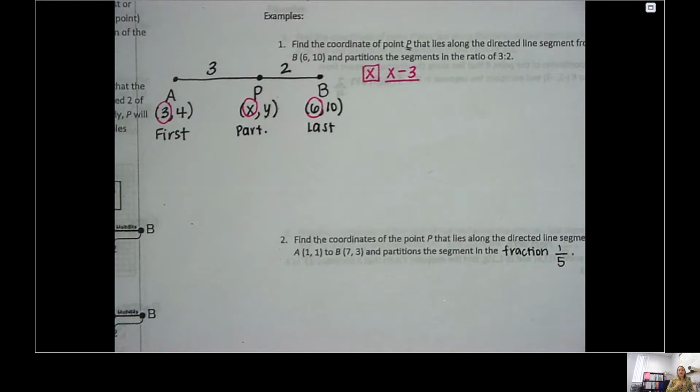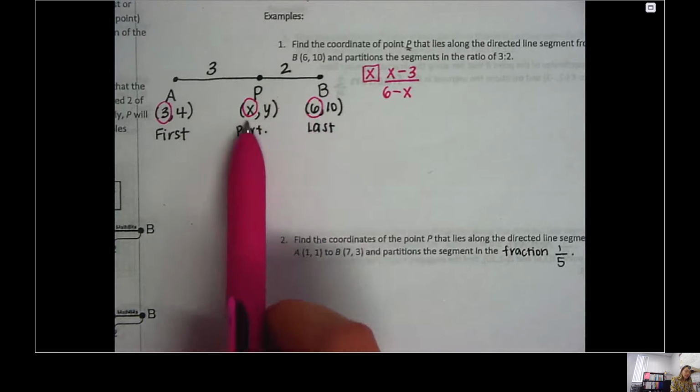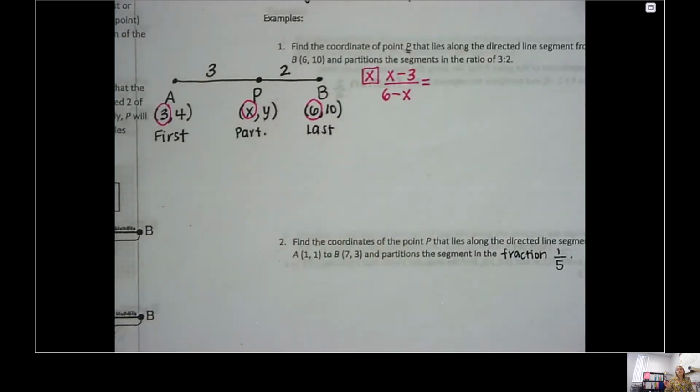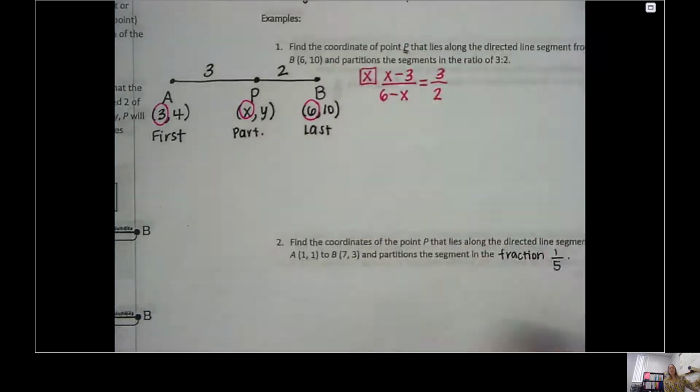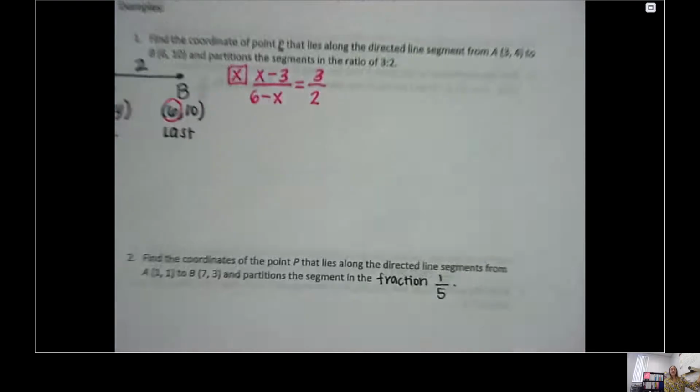So what minus what? 6 minus x. Good. Last minus partition. And then we set that equal to our ratio. What's your ratio? 3 over 2. Perfect. There's my equation for the x's.